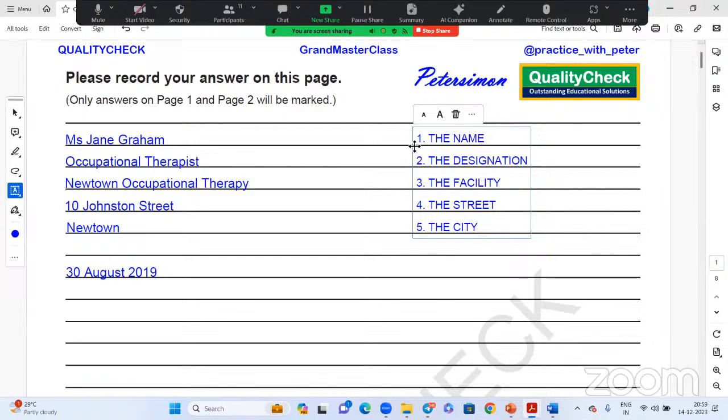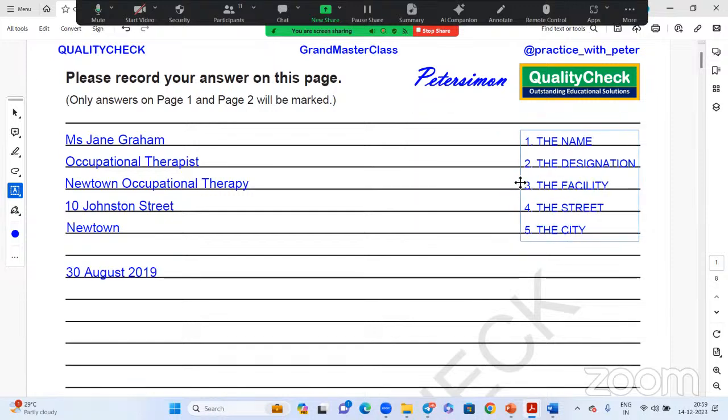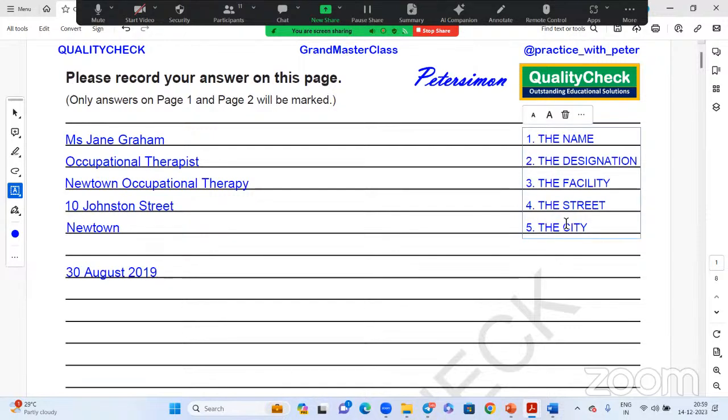So don't think that it is standard. It depends letter to letter. It doesn't mean the same every time. So the name, the designation, the facility, the street, and the city. Remember that. So this is the way how you are going to write every letter.